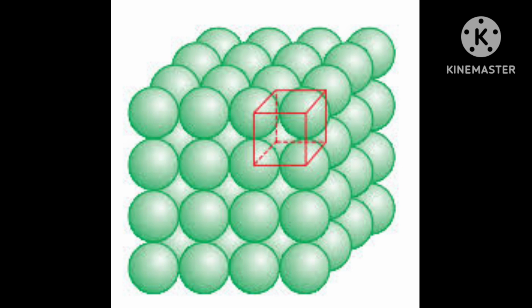Already we have previously discussed close packing in 2 dimensions. I just now discussed it. Now this can be of 2 types, that you also know, square close packed and hexagonal close packed.